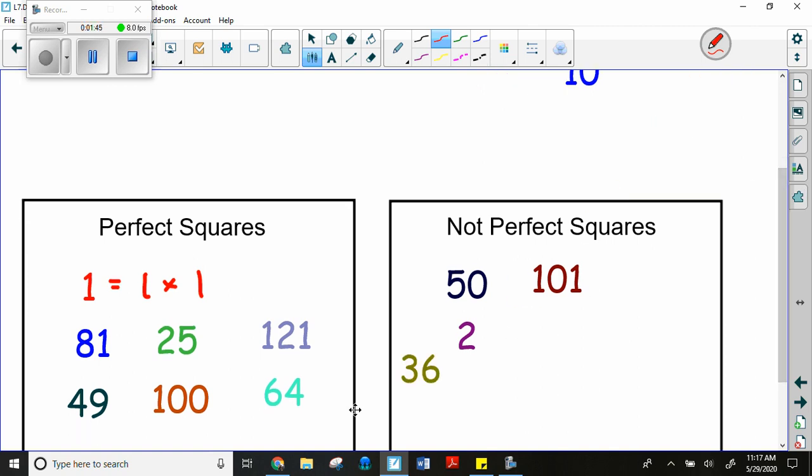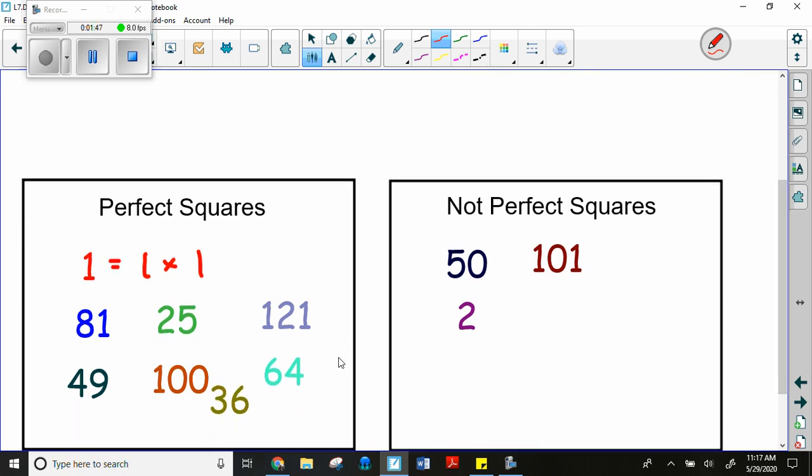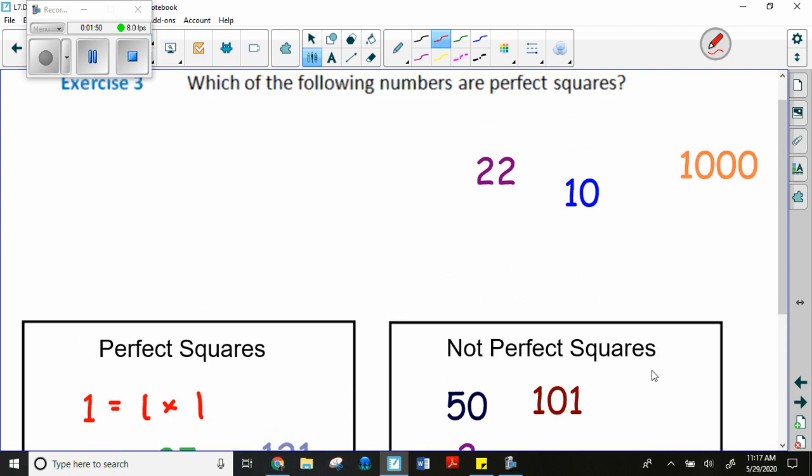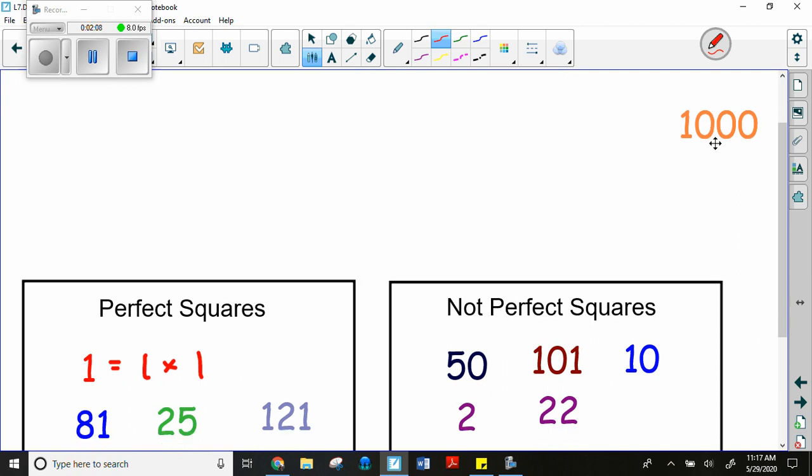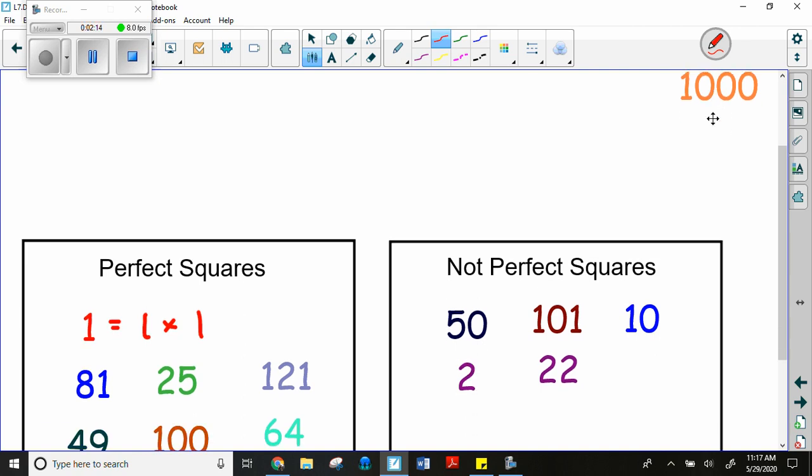This is 6 times 6. 2 times 11. 2 times 5. What's 100 times 100? I think it's bigger than that. No, it is. 1,000 is 100 times 10, but 100 times 100 is 10,000. So this is not a perfect square rootable number.